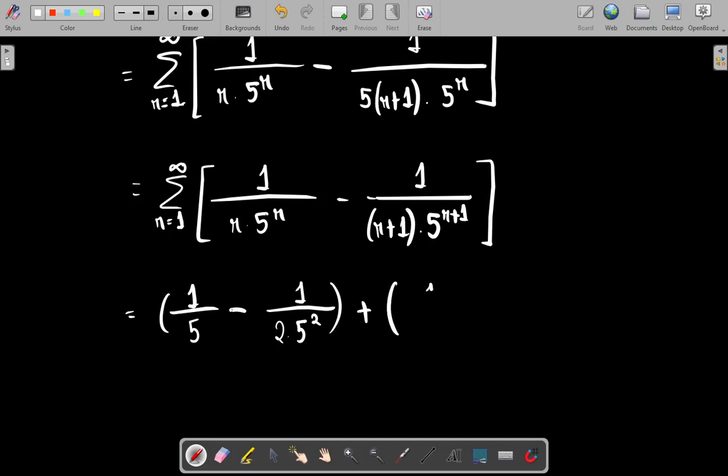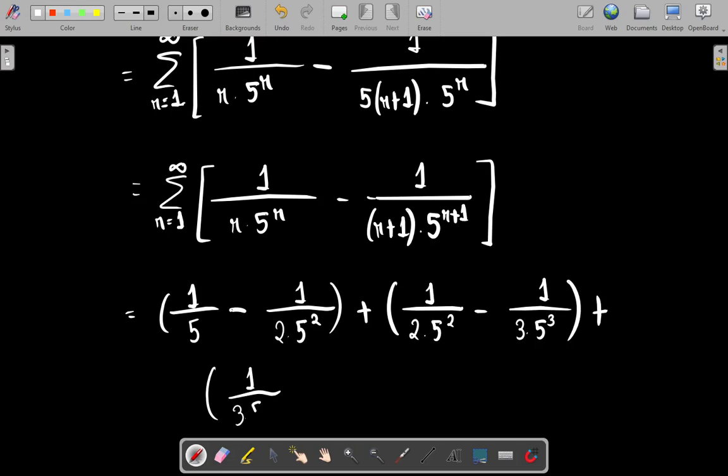Similarly, for r equal to 2, this term will become 1 upon 2 times 5 squared, minus 1 upon 3 times 5 cubed. Similarly, for r equal to 3, this will become 1 upon 3 times 5 cubed, and we can see a pattern here. The second term in r equal to 1 is cancelling this term. Similarly, this term is cancelling this one. So this pattern will continue up to the last term.